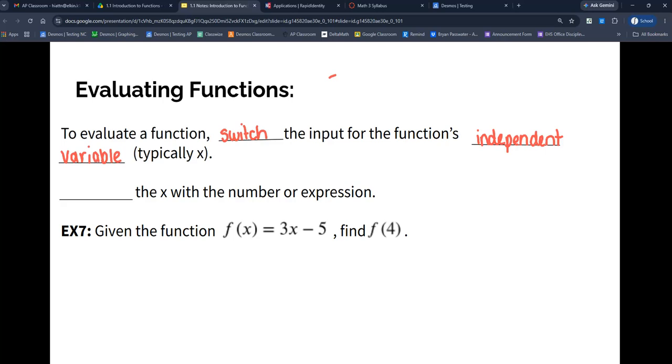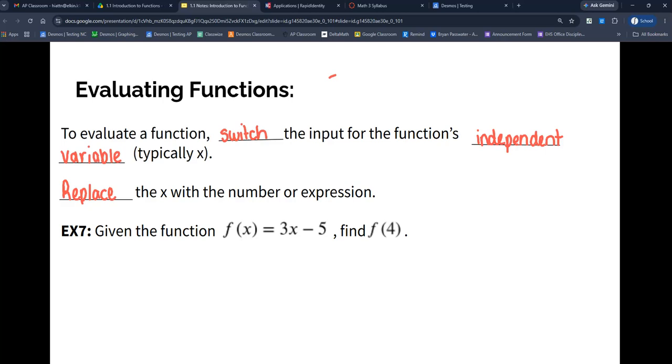The x is what you're plugging in for. But it doesn't have to be. We'll see some other examples where they use different letters. One letter that does show up in the real world a lot is a t. Pretty much anything in physics, time is going to be the factor that you're worried about. Another way of saying this is just to replace the x with the number or expression.